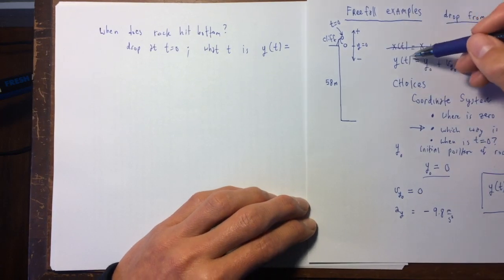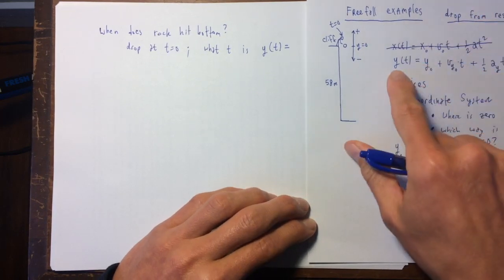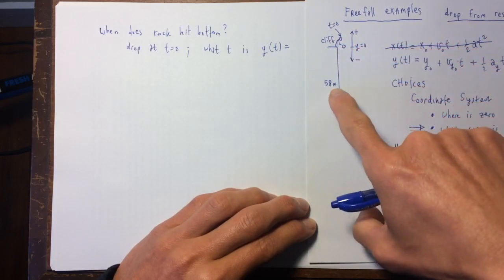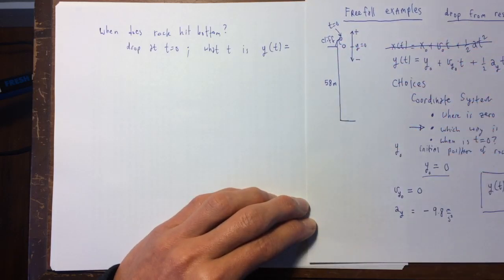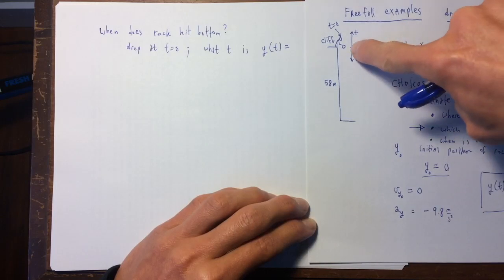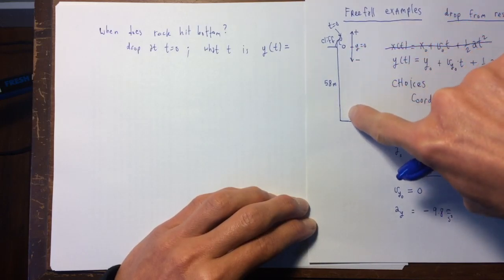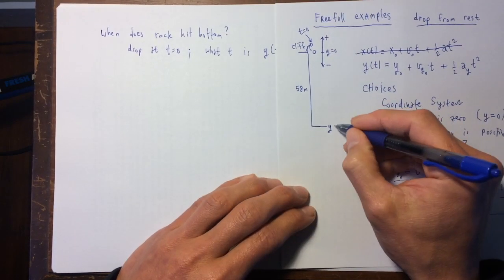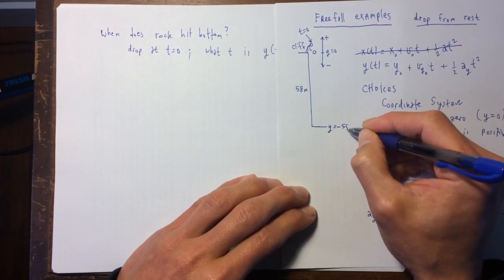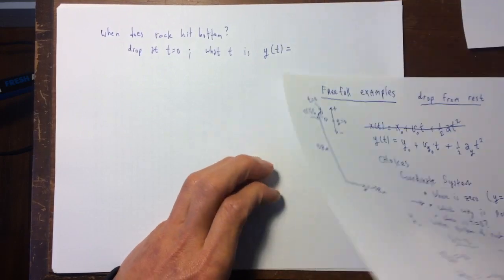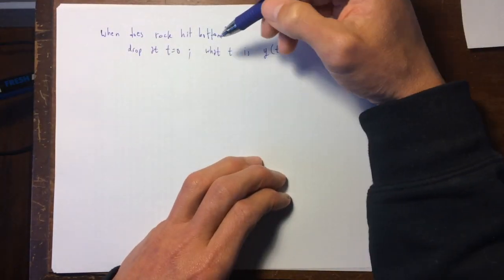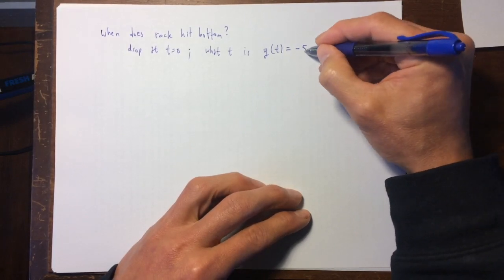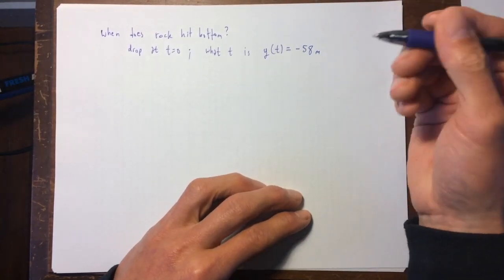So I want to know, how long do I need to wait before the value of y becomes something to do with that 58 meter height? So this is the position of 0 meters. Down here, this must be the position of y equals negative 58 meters. So I want to know, at what time t is y of t equal to negative 58 meters?